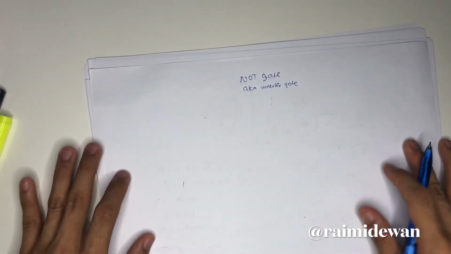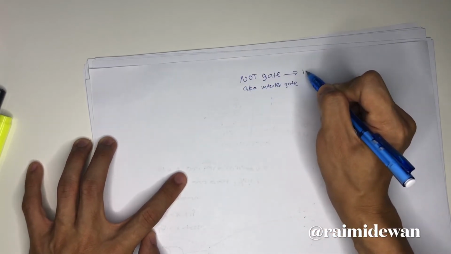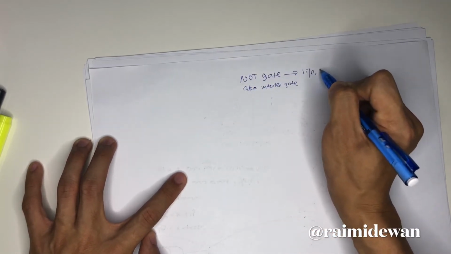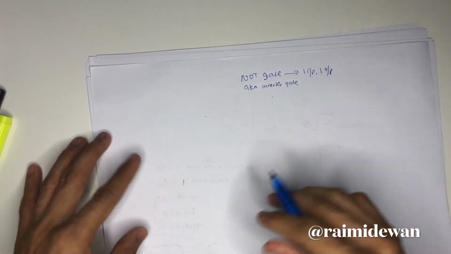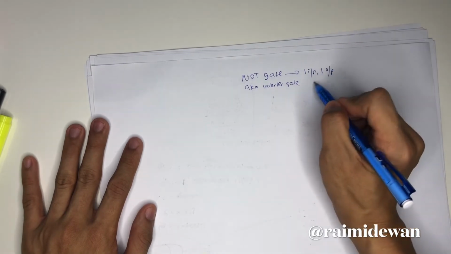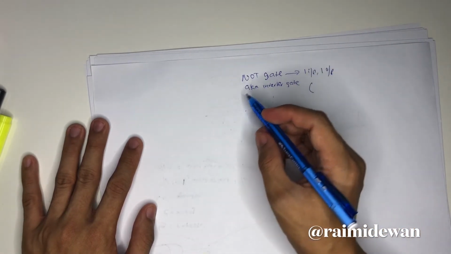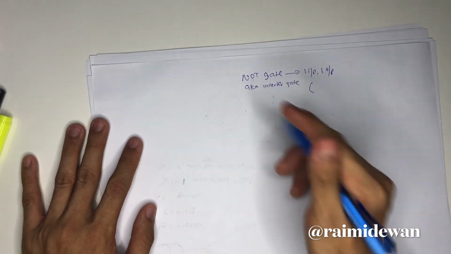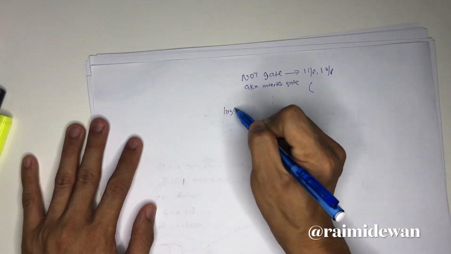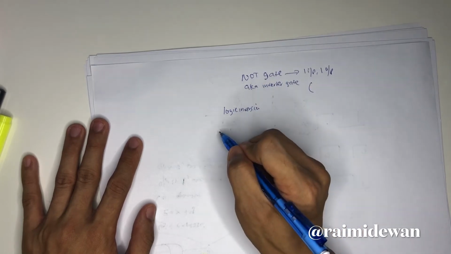So the NOT gate only has one input and one output, and it performs logic inversion.